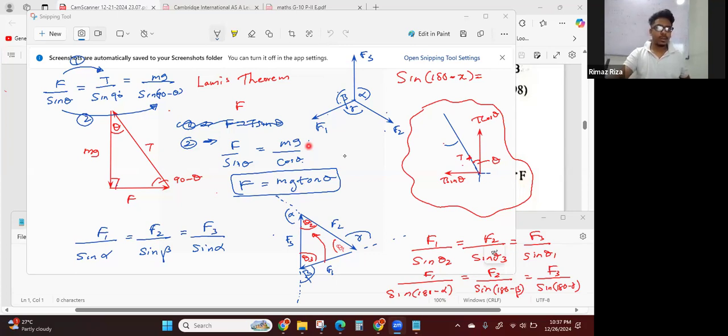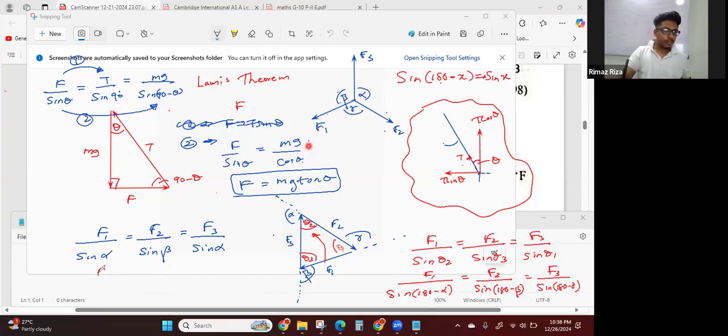Okay, good. So this one will be sine x. 180 minus angle means it's in the second quadrant, so it's plus. 180 means it's an even multiple of 90, so it won't change. Sine means sine, so sine x.